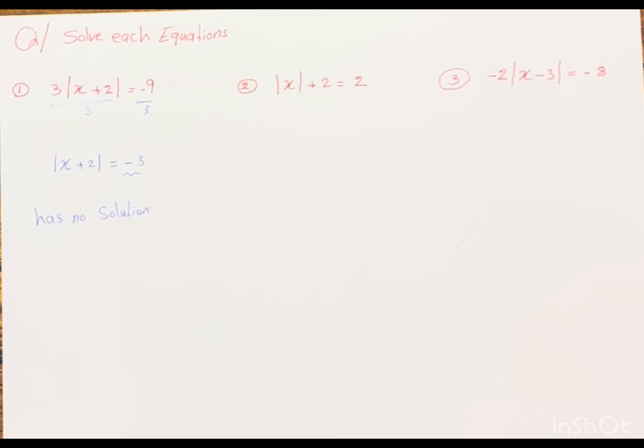We don't need to continue solving because there is no solution. This case, absolute value equal to a negative number, always has no solution. If x equals a negative number, it's okay, but the absolute value can't be a negative number.